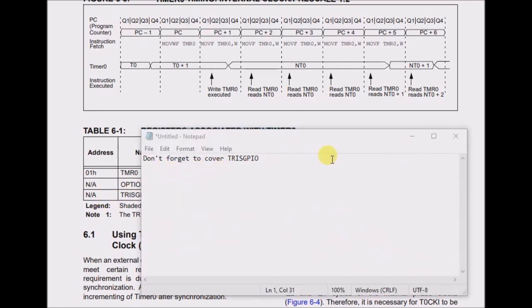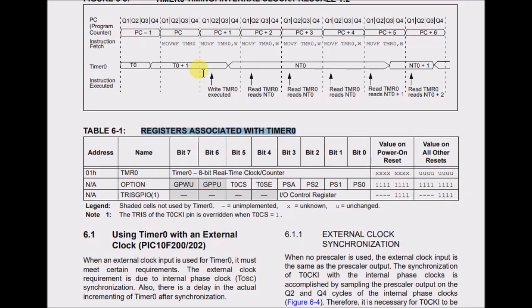Just a reminder to cover that. Timer 0, 8-bit real-time clock/counter. Legend: shaded cells not used by Timer 0, unimplemented.